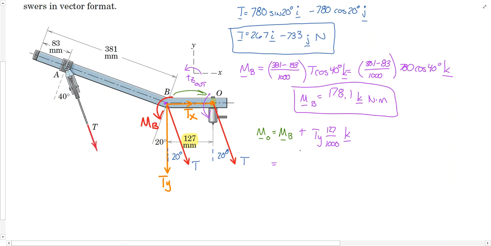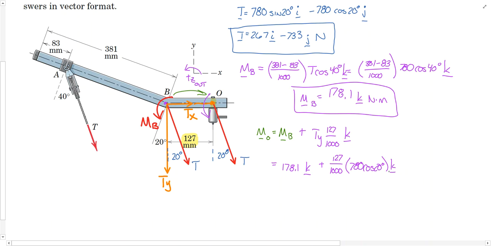So this is a vector expression. So now we can substitute the moment at B, 178.1 k, and then plus 127 by 1,000, and then Ty. We've actually already computed it here, but I'll write the general expression, 780 times the cosine of 20 degrees, and that's also in the k direction.